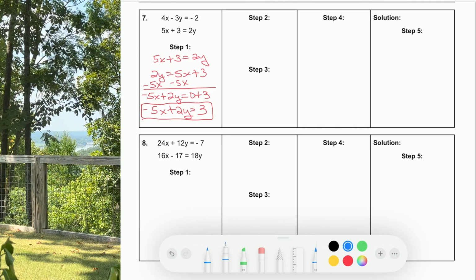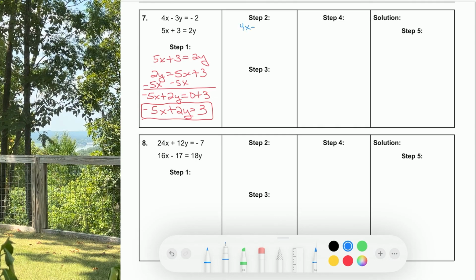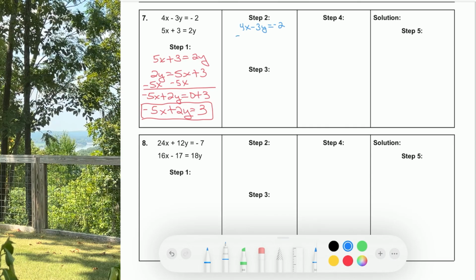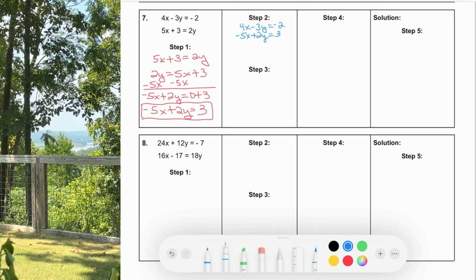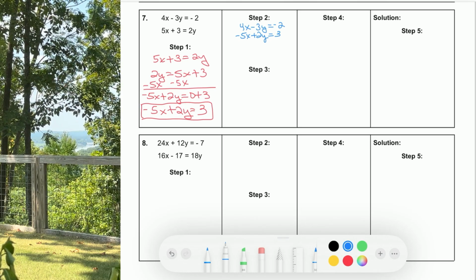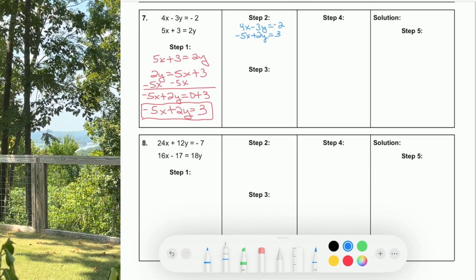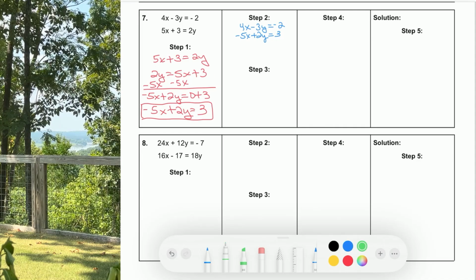All right, so I'm going to rewrite the first one. 4x minus 3y equals negative 2. And now I'm going to write negative 5x plus 2y equals 3. Looking at my x's and my y's, I think I'm going to cancel out my y's. I get to multiply with smaller numbers if I do that rather than my x's.